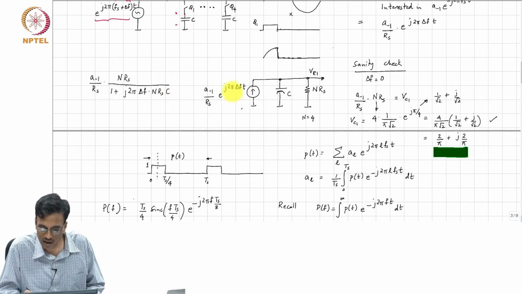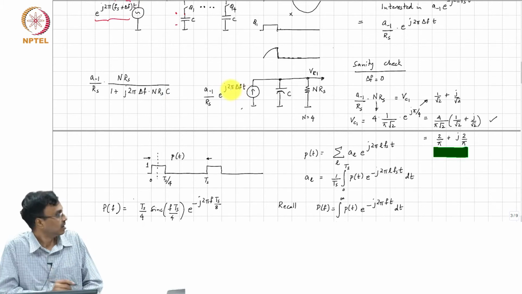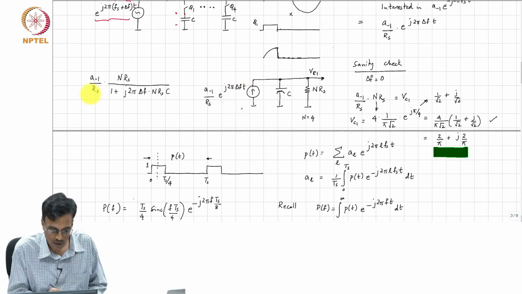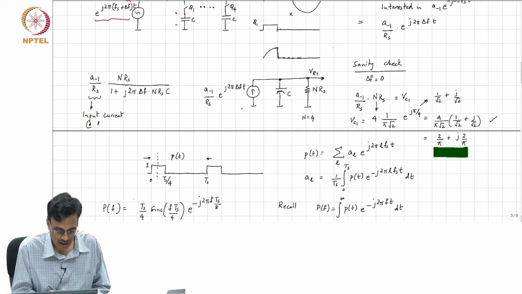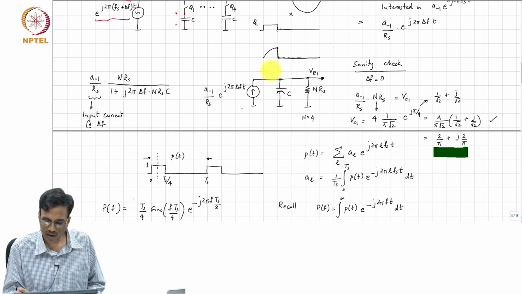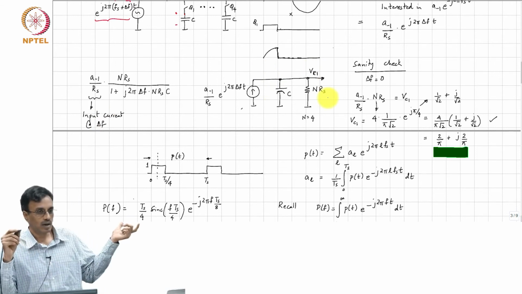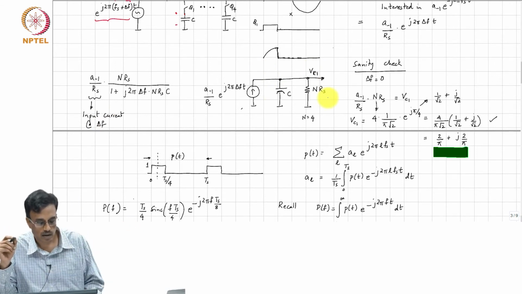So, this is simply an input current. So, this is the magnitude of the input current at delta f, and this is nothing but current flowing into an RC network, right?